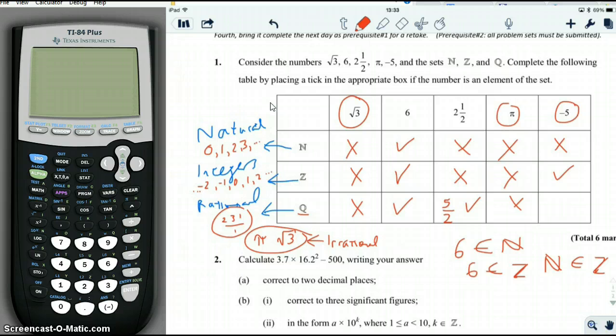It's a rational number because any integer is a rational number. So do you see how any integer is a rational number? Any natural number is an integer and a rational number. And any fraction which is not a whole number is just rational. Okay, so those are our answers here.